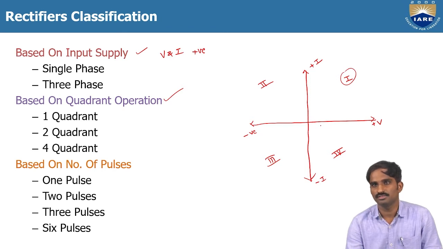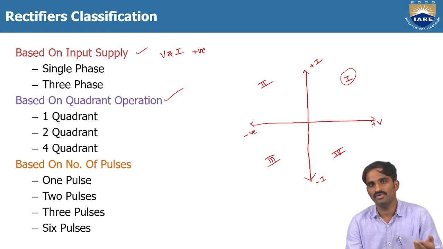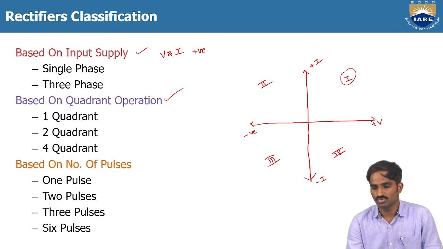So in this case, the rectifier is called the two quadrant rectifier. Which means any one of the parameters, it can be voltage or it can be current. Here I am just considering the voltage, because in the two quadrant rectifier the voltage will be positive and negative, but the current is always positive. So that is a two quadrant rectifier.